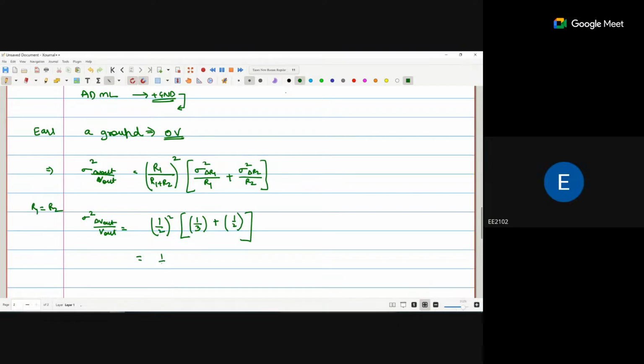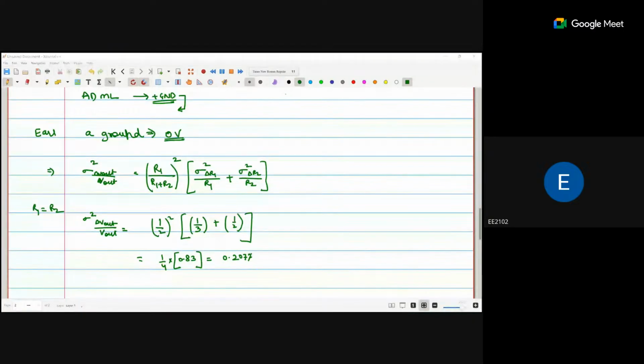That is equal to 1 by 4 times 0.3 and 0.83. So that is 0.207%.